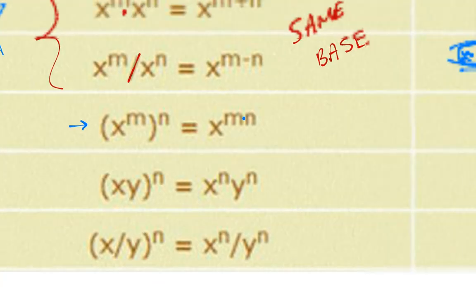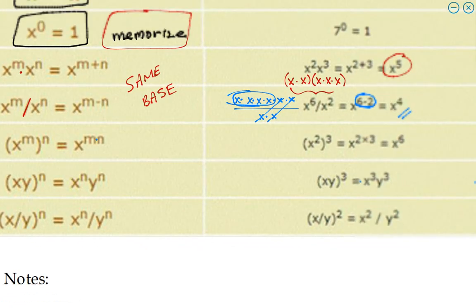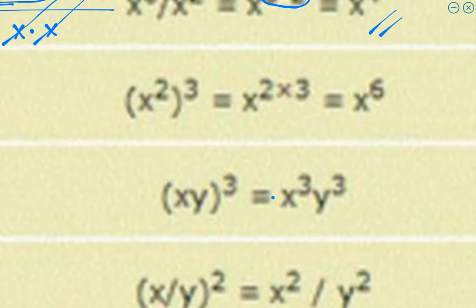Let's look at the example. So it's x squared, cubed. So you already have a power, x squared, and then you're going to cube it. So the rule says, okay, 2 times 3 is 6. This is x to the 6.